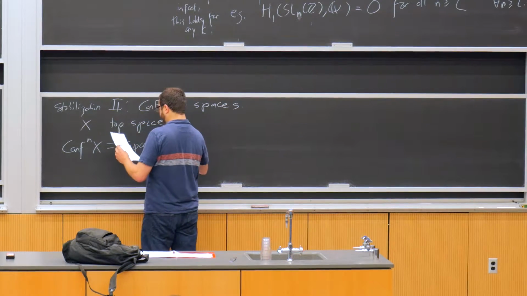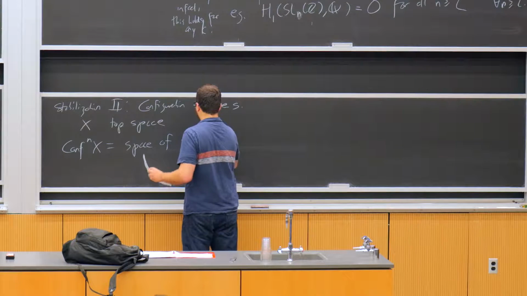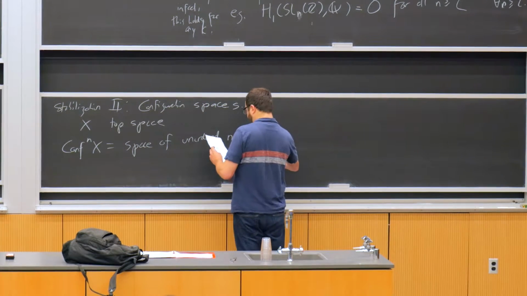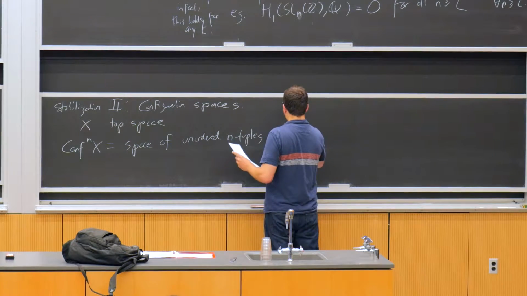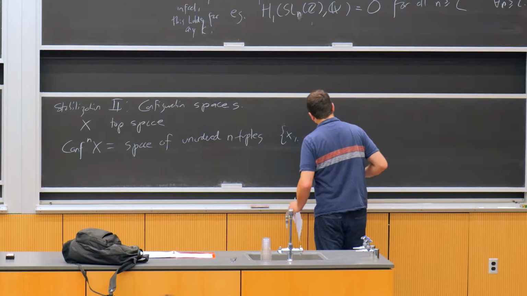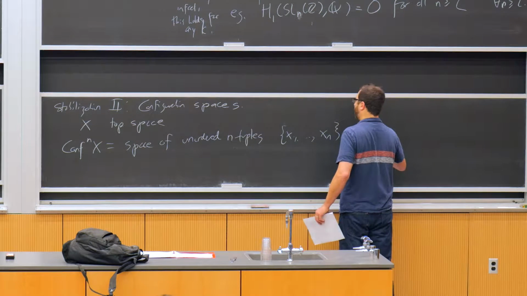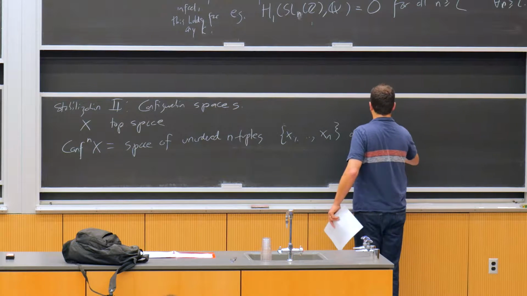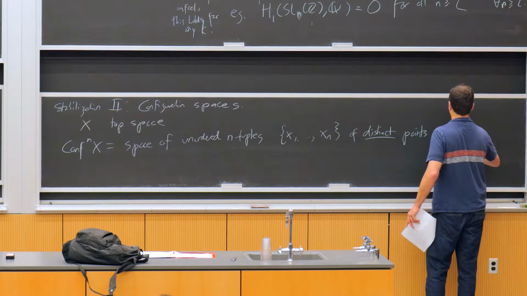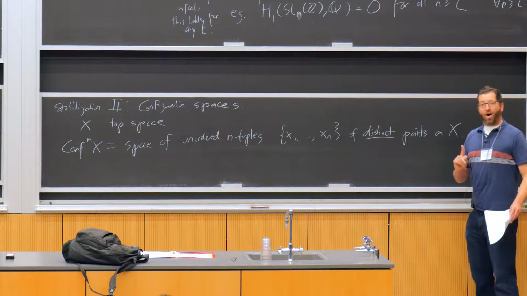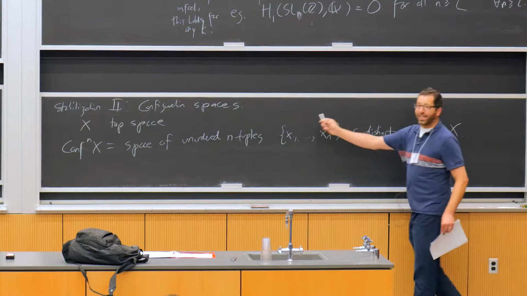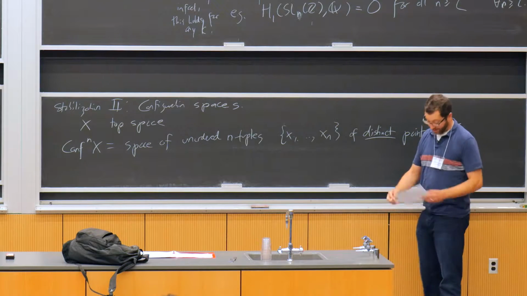It's the space of unordered n-tuples x_1 through x_n of distinct points on X. So somehow all the interest in this space is in this word distinct. I'm looking at the moduli space of sets of n points in the space which are not allowed to collide with one another.